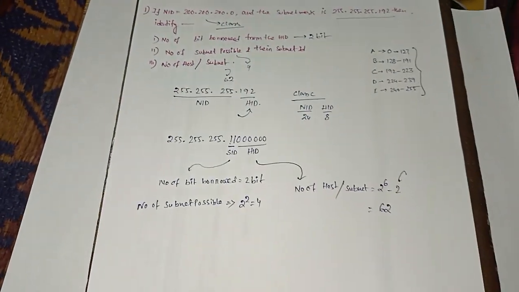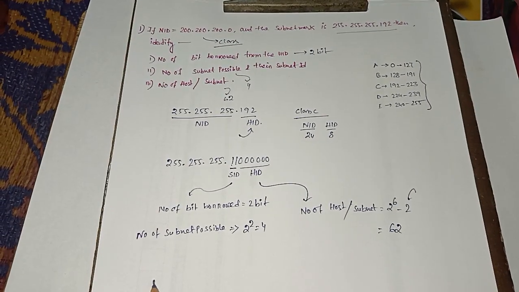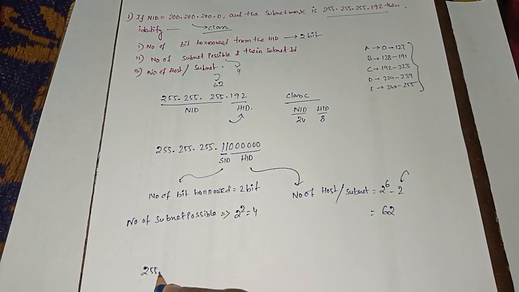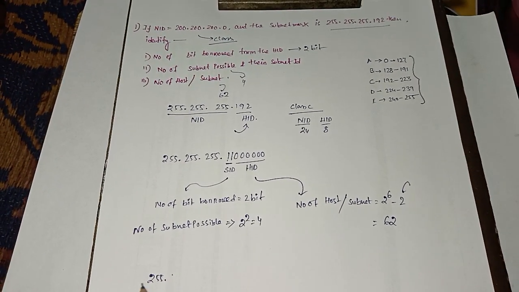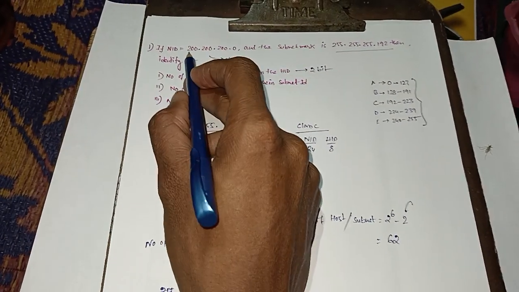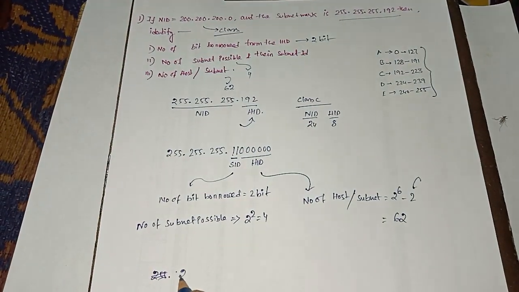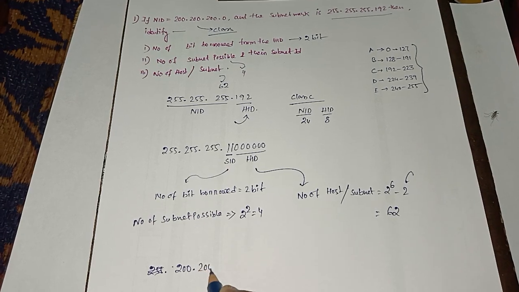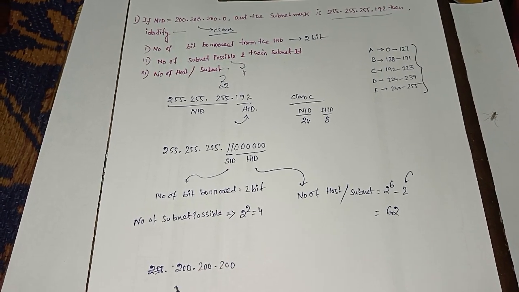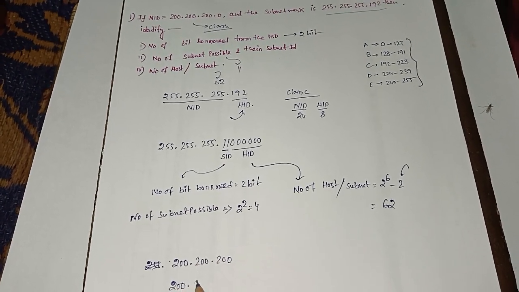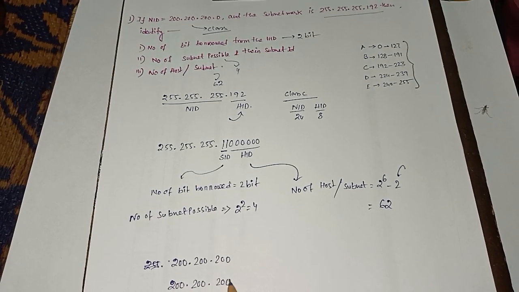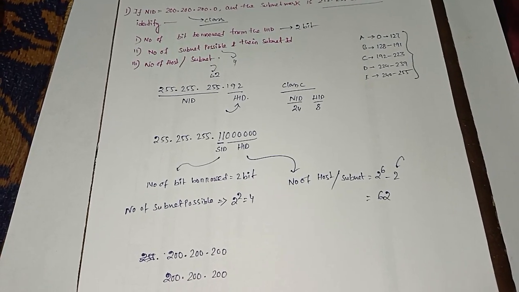Now the subnet ID. The first 3 octets are the same, meaning 255, so the network ID is 200.200.200. The first 3 octets do not change from the network ID.